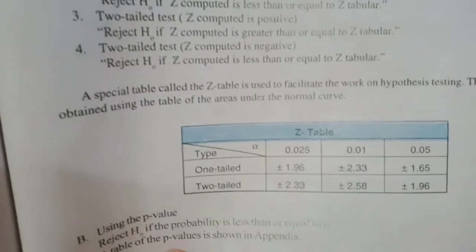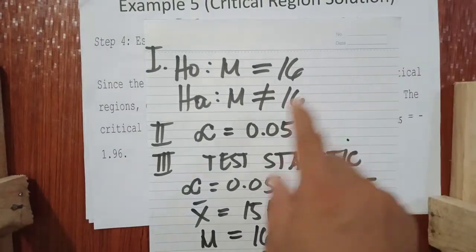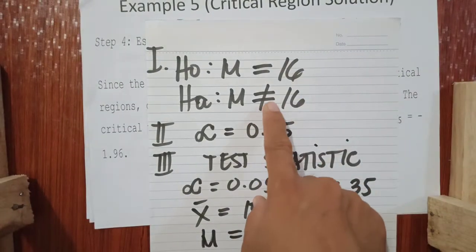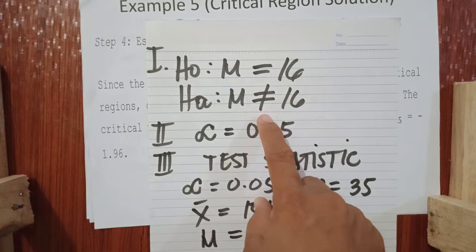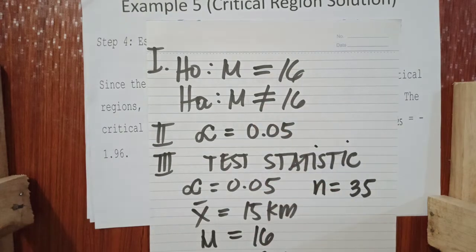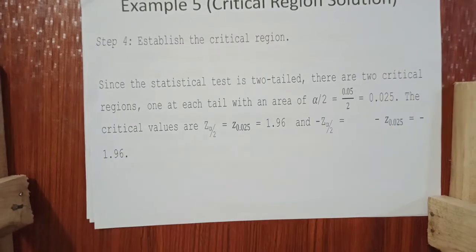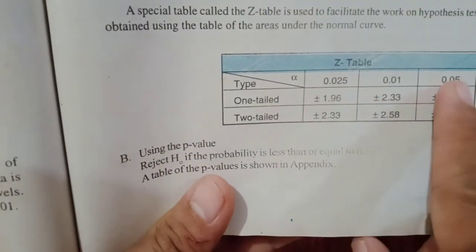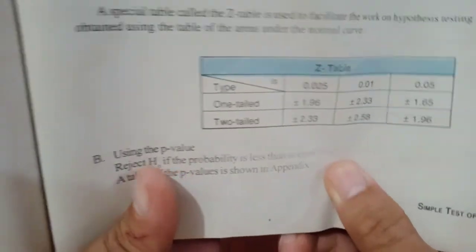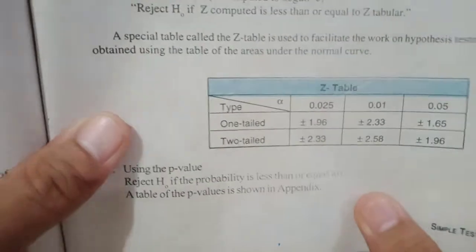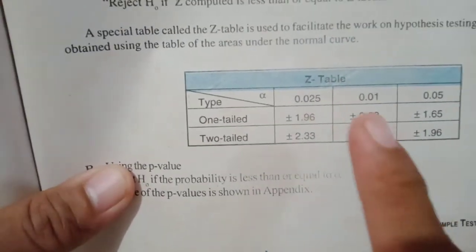So, dahil ang ating null hypothesis ay equals at ang alternative ay not equal, so meron tayong dalawang tailed. Ibig sabihin, yung critical region natin ay naandito sa area. Mamaya papakita ko. Pero yung critical value, makikita natin dito.